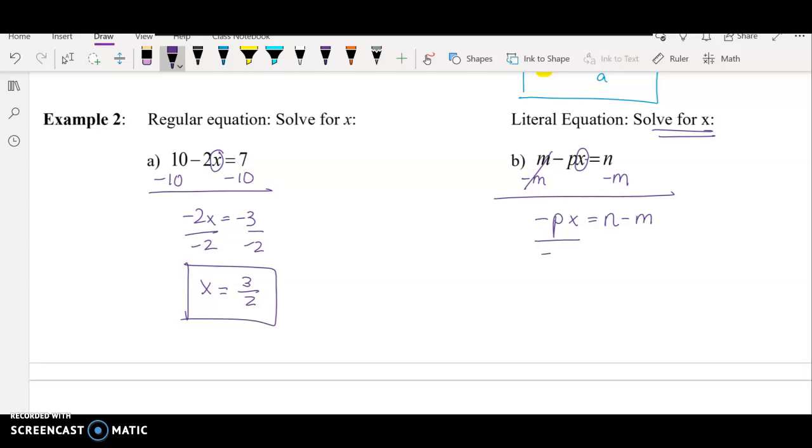Then we're going to divide by -p, and we're going to get x equals n minus m over -p. So even though there's no numbers in this one, we can still get x by itself, and our answer is going to look a little bit interesting like that and not a nice, solid numerical answer.